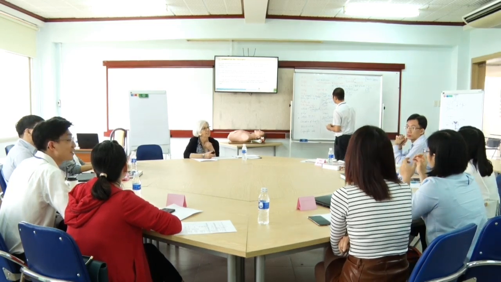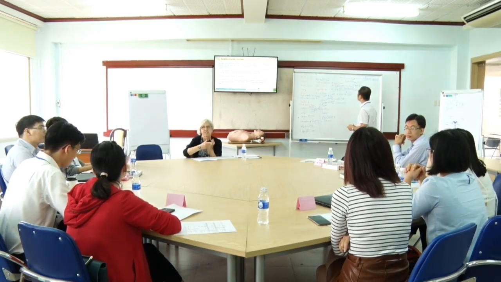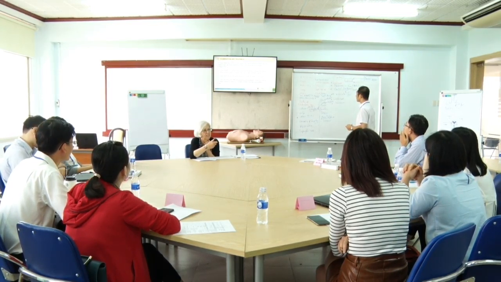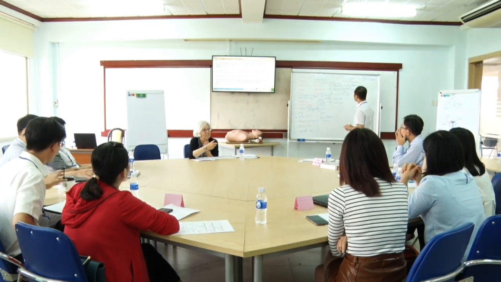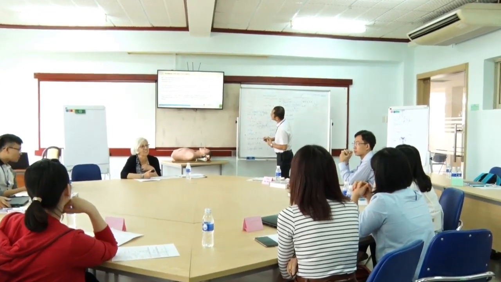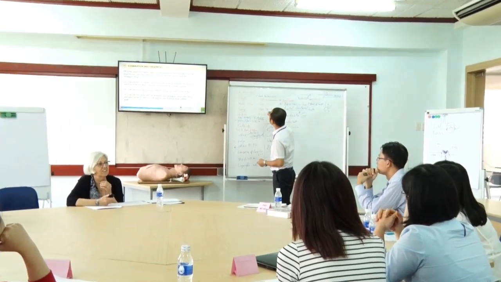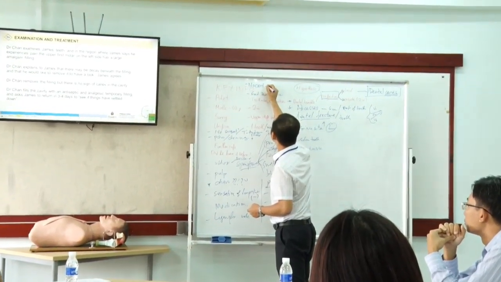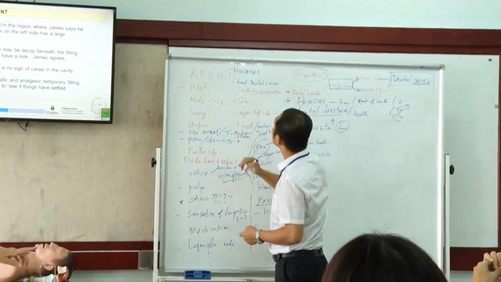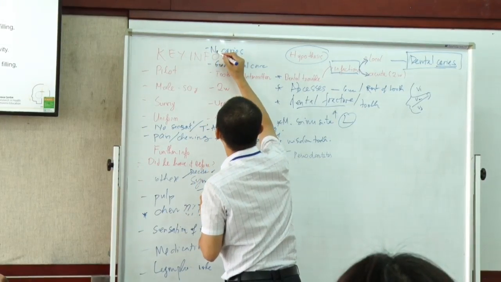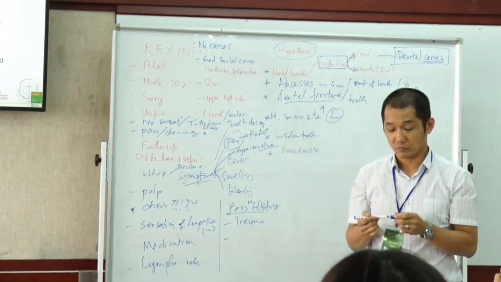I think we have a local infection in the root. And here it says no sign of caries because I think there is infection in the deep tissue in the root, not in the visible area.